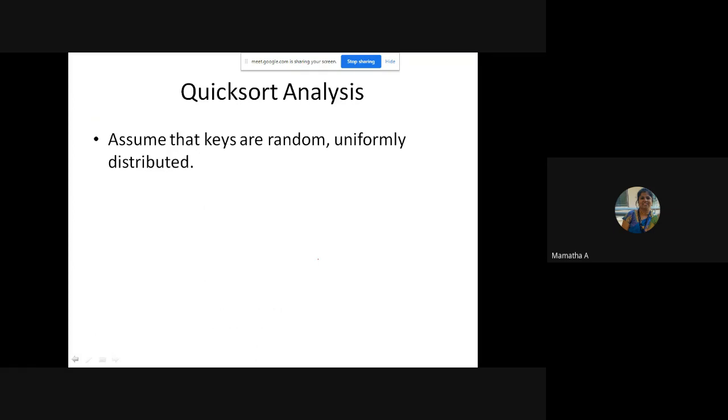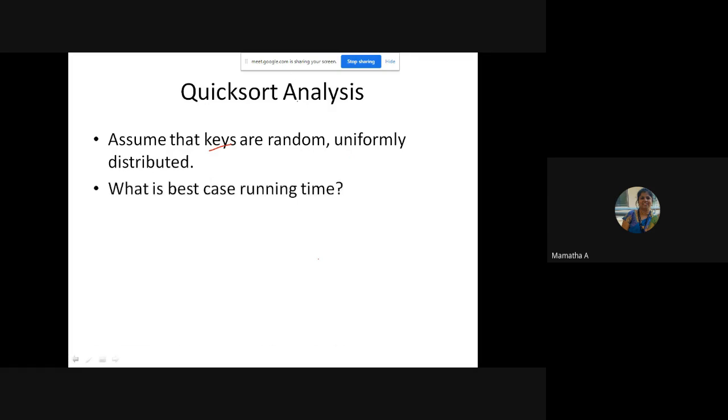Whenever the elements, keys, are random or uniformly distributed, there are types of input wherein the algorithm slightly varies with the number of comparisons it makes. The basic operation is nothing but the comparison here. So there's nothing more to deal with there, right?